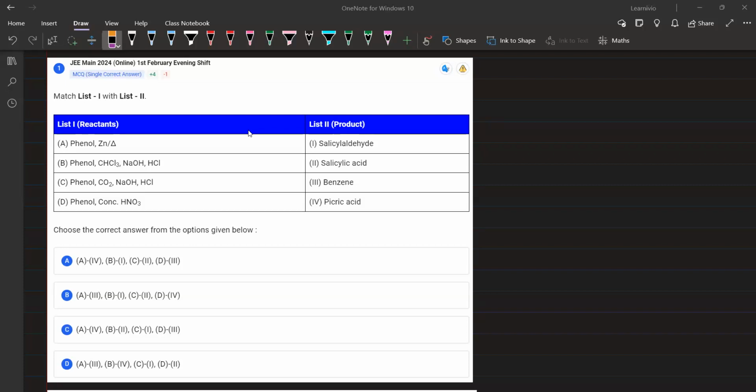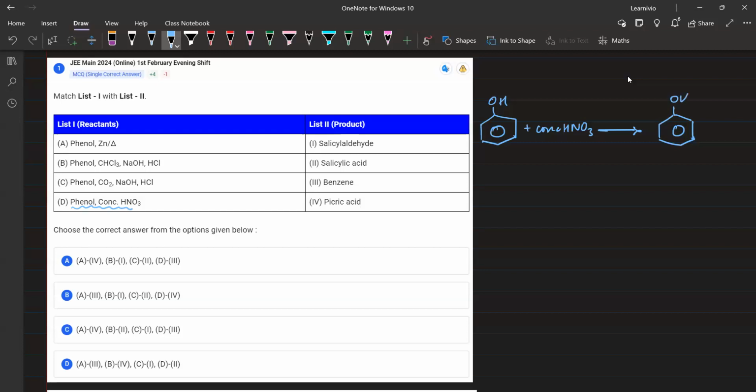Okay, let us see. I said that if you identify the D option first, it will be very easy. So, phenol with concentrated HNO3. Phenol shows two types of reaction with HNO3: one with dilute HNO3 and one with concentrated. In concentrated HNO3, you are going to get NO2 in all the ortho and para positions.